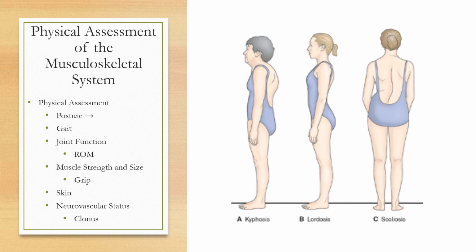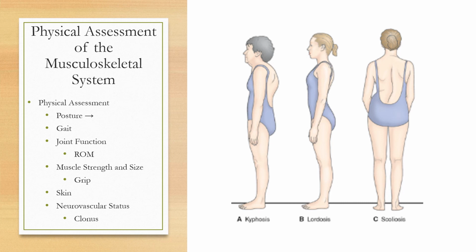Lordosis is that curvature at the lower part, and it's normal to have some lordosis of your lower back. Okay, that person in the middle has a good posture. Some people can have really significant lordosis, but it's normal to have some lordosis in the lower back.